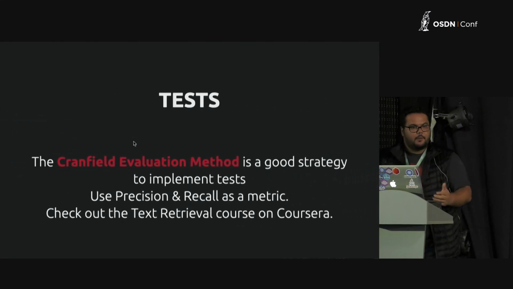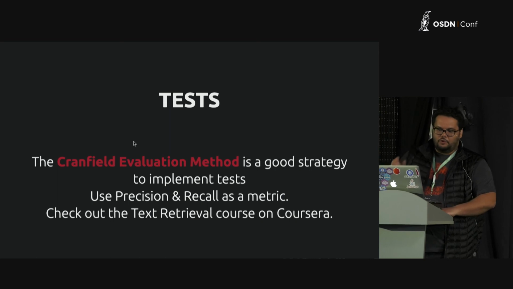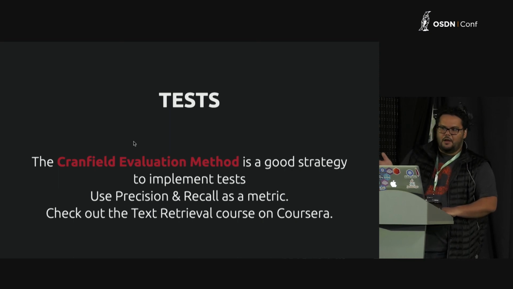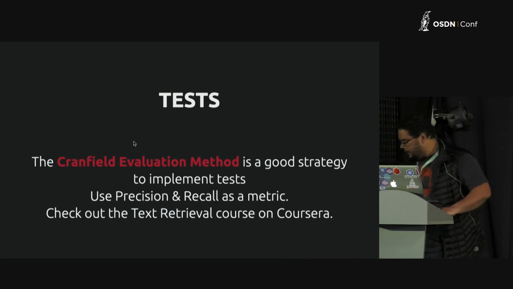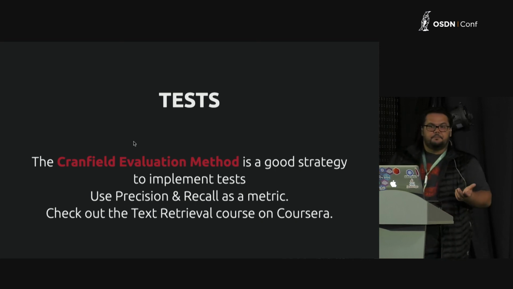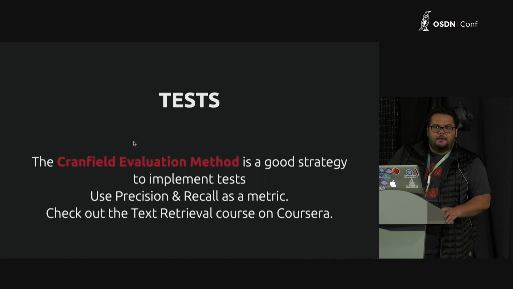Of course, when you're coding a search, you don't implement it like I did here, because you have to use some evaluation. You can simply run, let's say, JUnit tests.